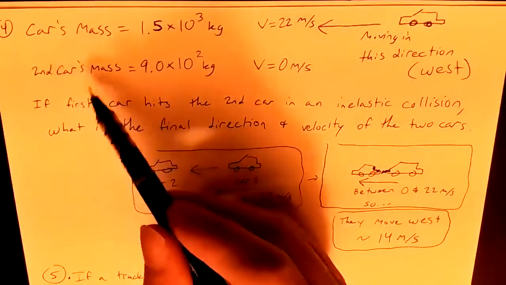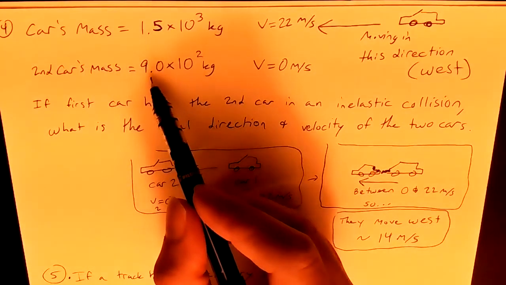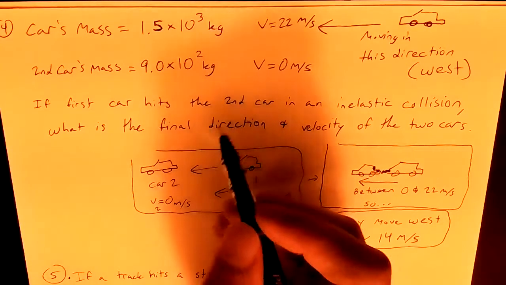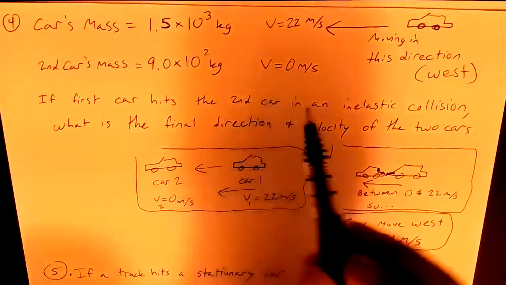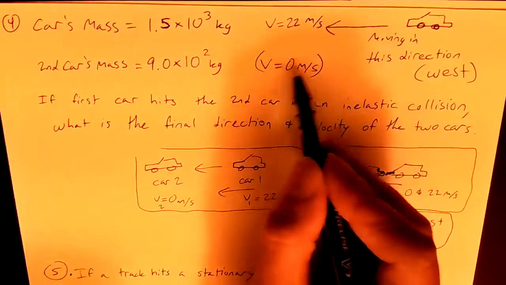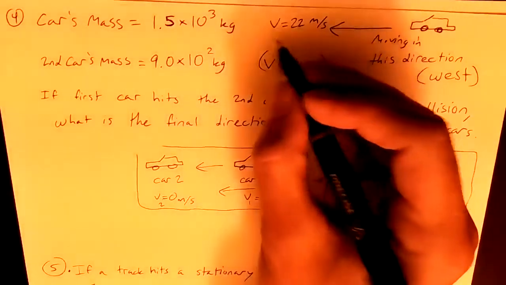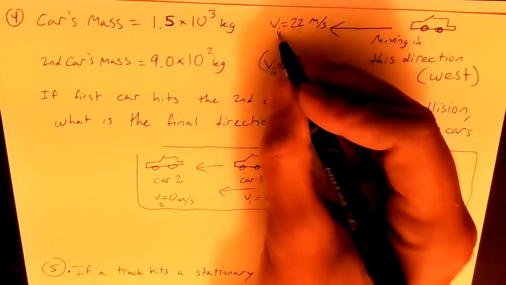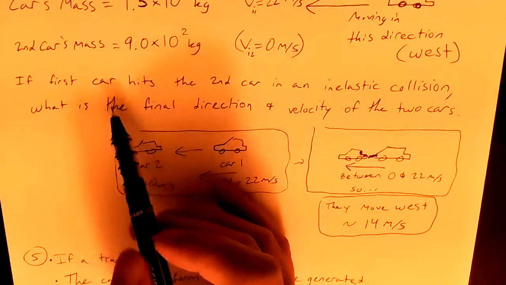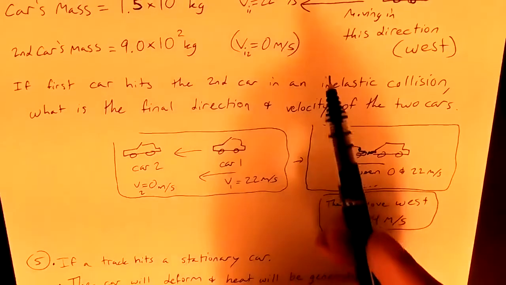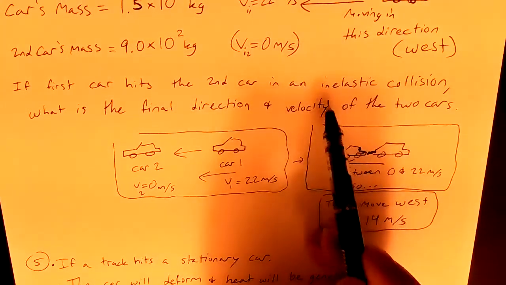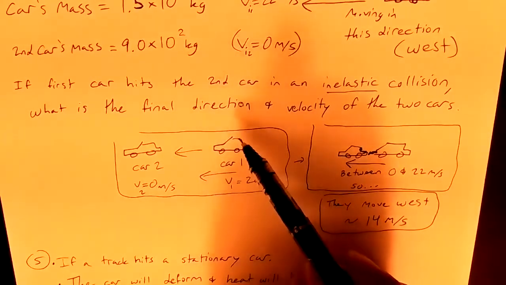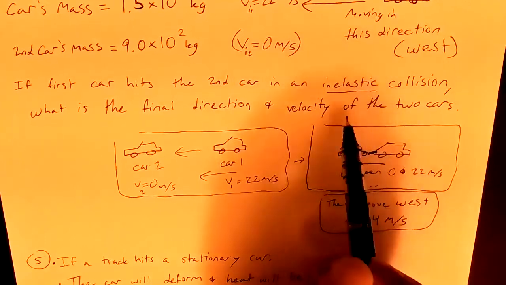There is a second car with a mass of 9.0 times 10 to the second power kilograms. And it's at rest, so it's stationary. It had no velocity. If the first car hits the second car in an inelastic collision, what is the final direction and velocity of the two cars?